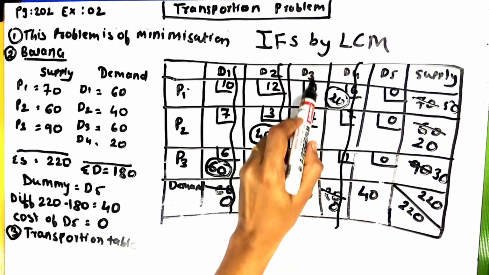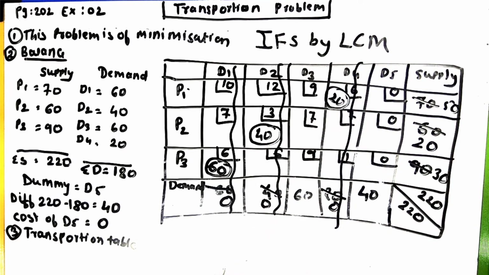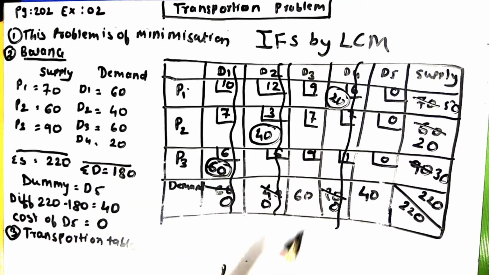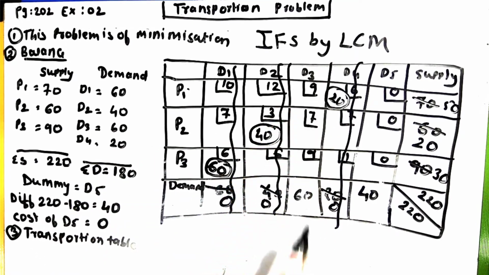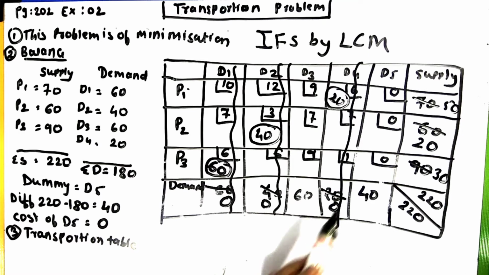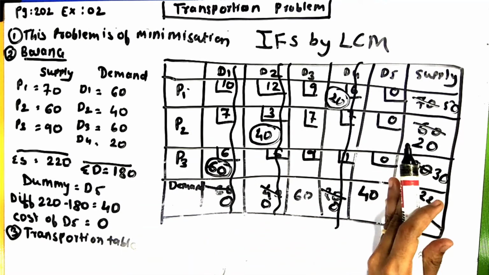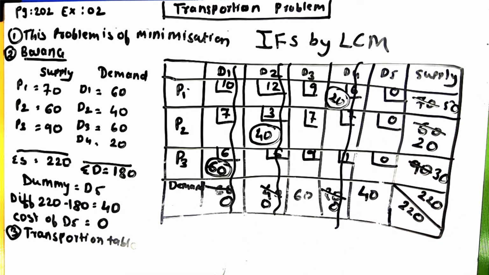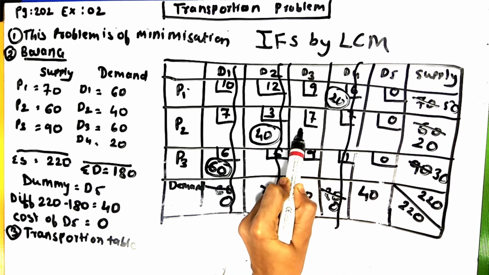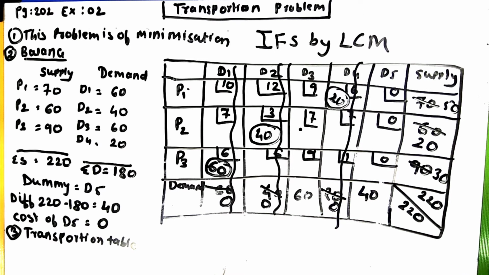Now only D3 and D5 remain, and P1, P2, P3 in the supply. For D3 the column remains, and in the supply P1, P2, P3 we have some quantities. Now again we have to see the least cost. Our next least cost in this table, as we are ignoring the dummy or considering it at the end, is 7.